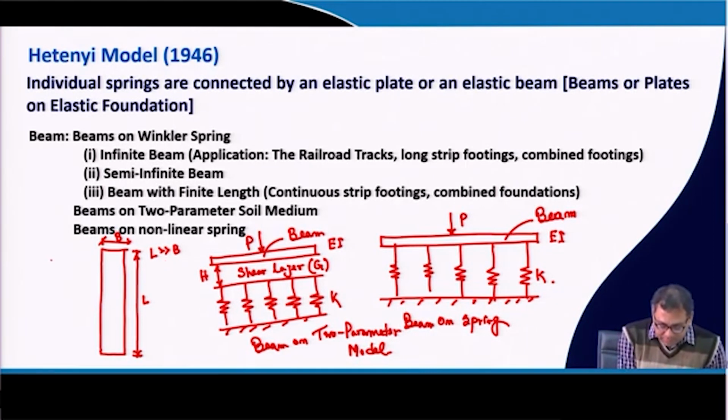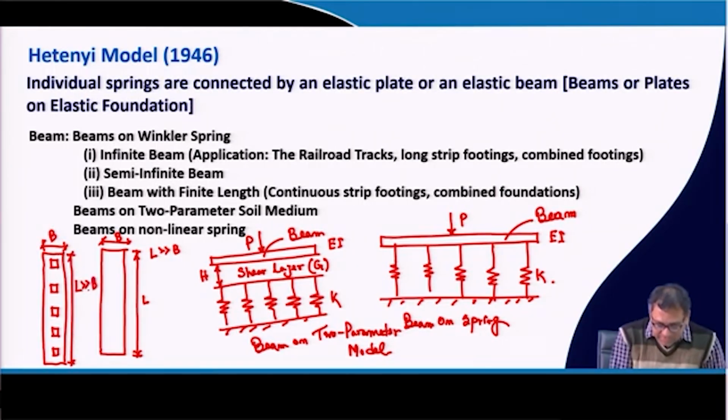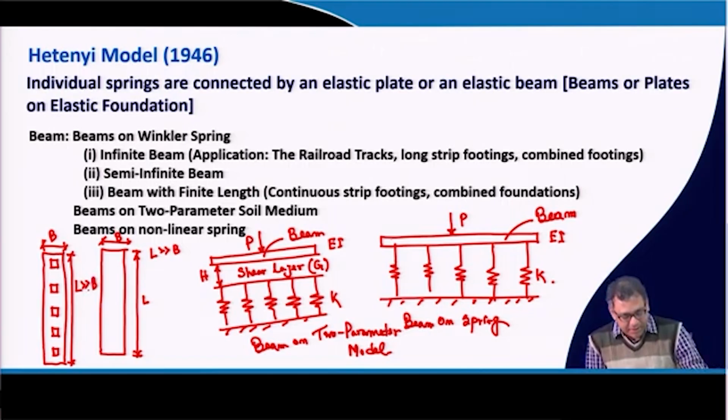Suppose you have a combined footing, suppose you have columns and those columns are provided a single foundation. Again, this is equal to B and this is equal to L. Then again L is much larger than B. Then also you can idealize this foundation as an infinite beam.